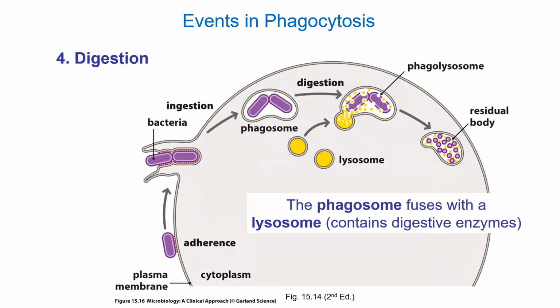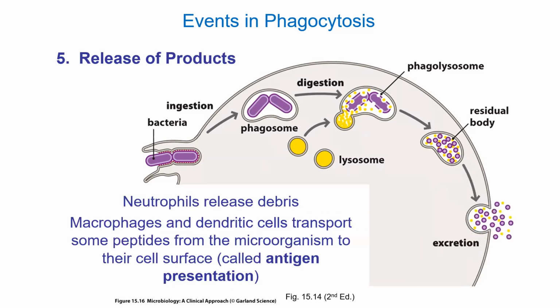It's acidic as well, and that's going to destroy the pathogen or whatever it is. And then it gets released. Sometimes we've got some molecules that may induce other parts of the immune response. Sometimes dendritic cells actually hold on to a piece of that, and it gets embedded into the membrane. That's something called antigen presentation, which we talked about very, very briefly.